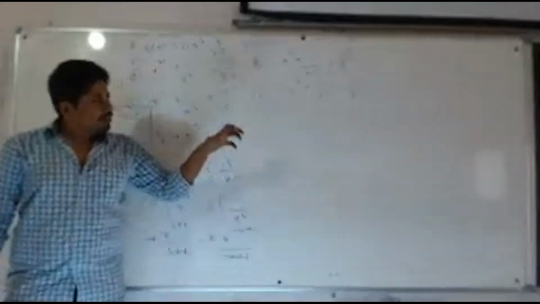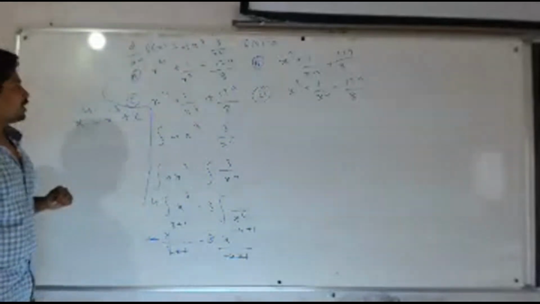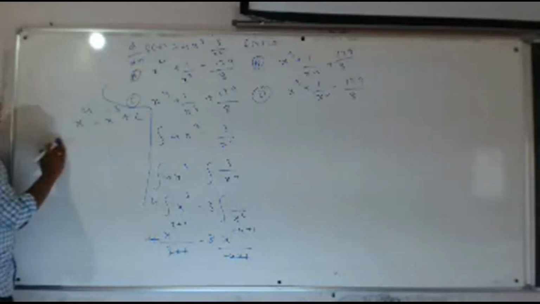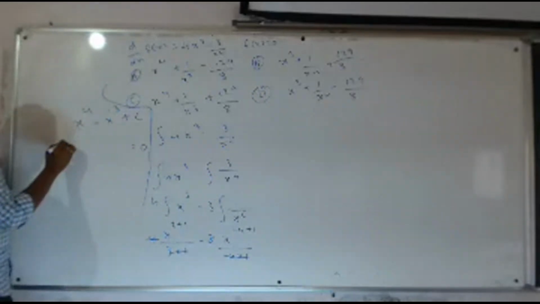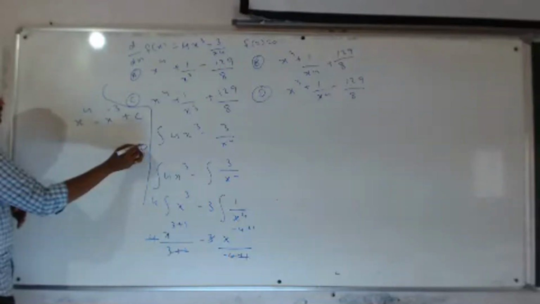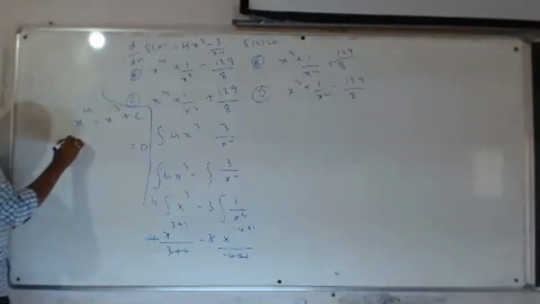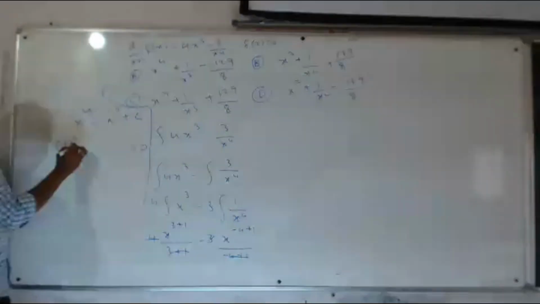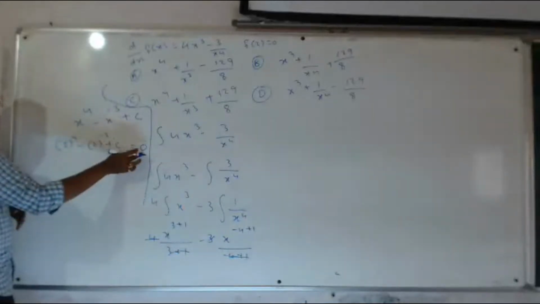It means that in the f of x function, if you put x equals 2, we will get 0. So equate this to 0 and put x equals 2. 2 power 4 minus 2 power minus 3, plus c.